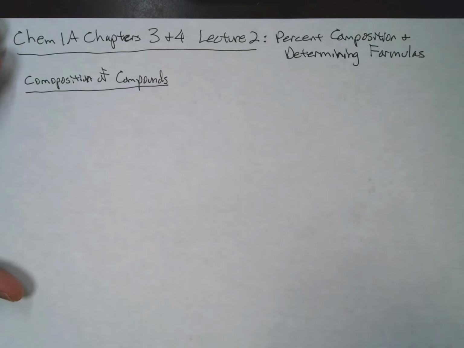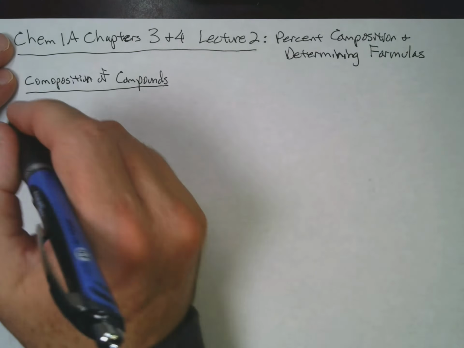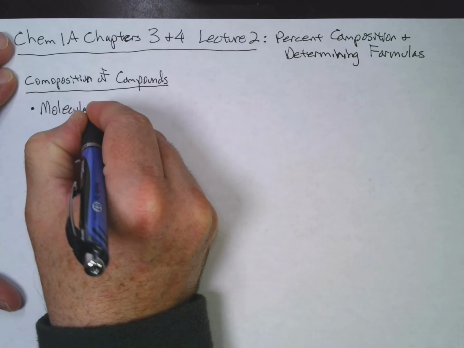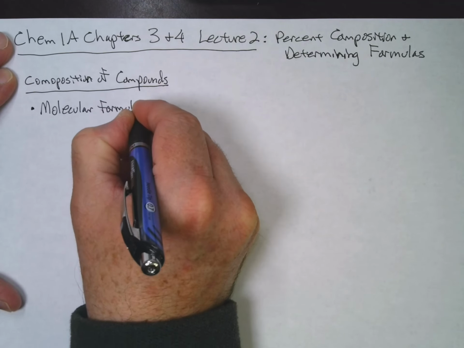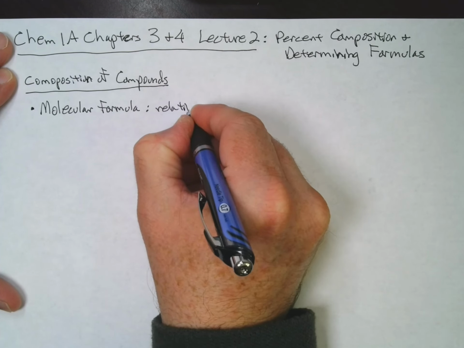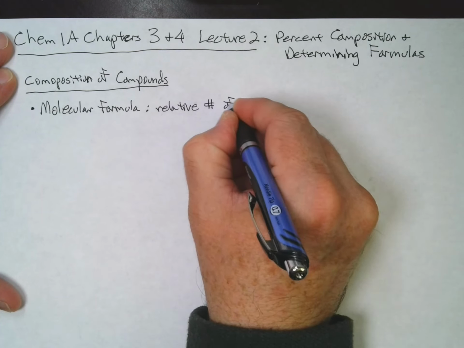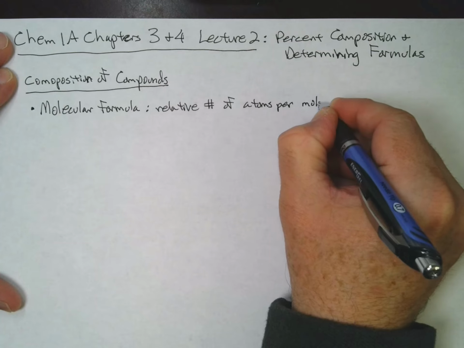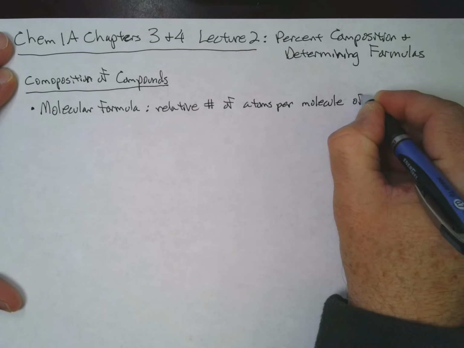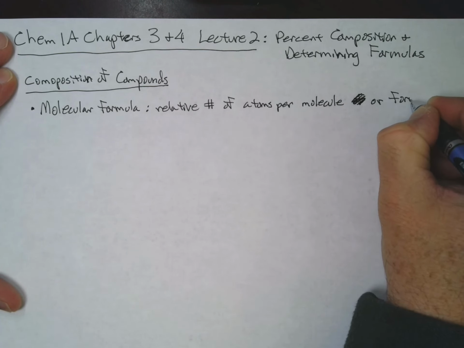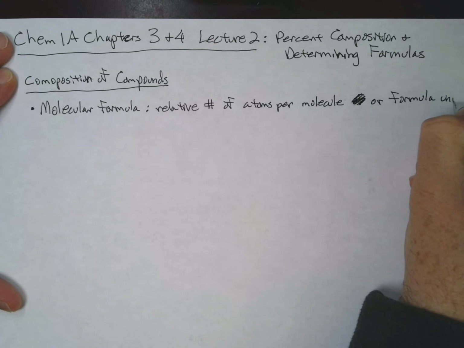There are two ways to really look at the composition of a chemical compound. One is the molecular formula, and this is the relative number of atoms per molecule or formula unit.